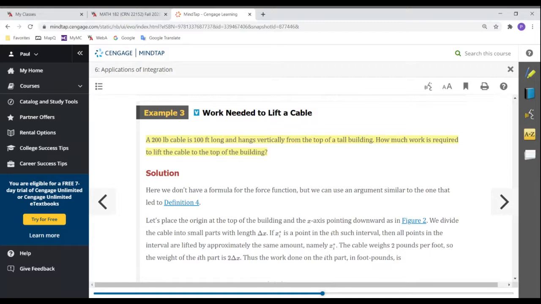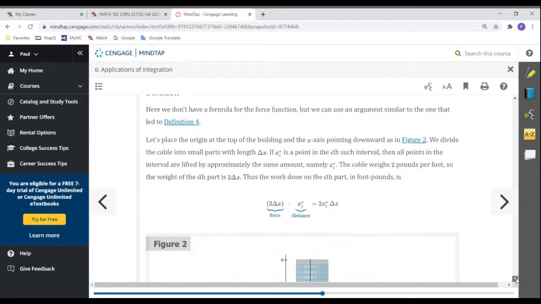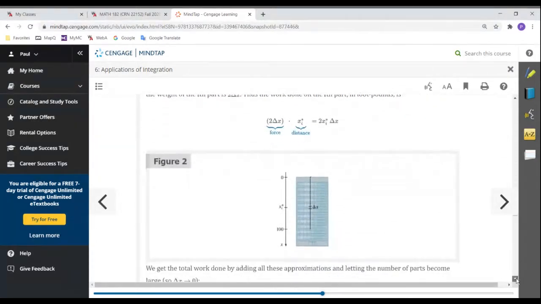I think you can all imagine that pulling up a 200-pound cable hanging from the top of a building would require work on your part. And of course, if you had a winch to do it, it would require work. So the question is, how do we compute this work?